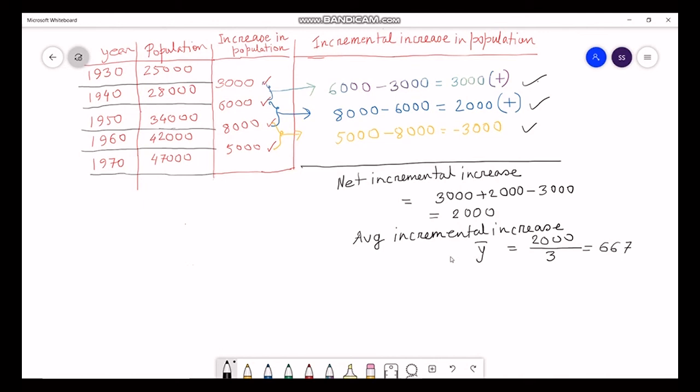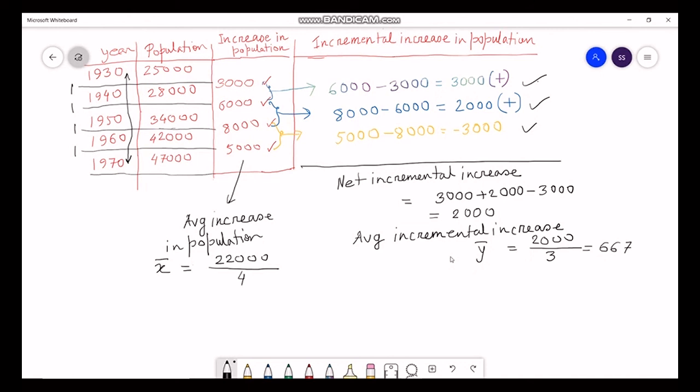And from here we can get the average increase in population, that is x bar, which is the total increase in the population, 22,000, divided by 4 decades, as we can find between 1930 and 1970, we have 4 decades.